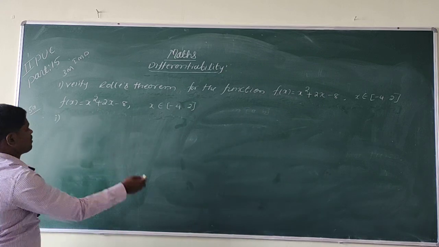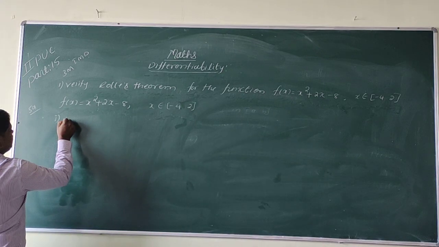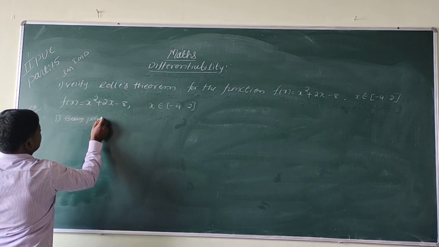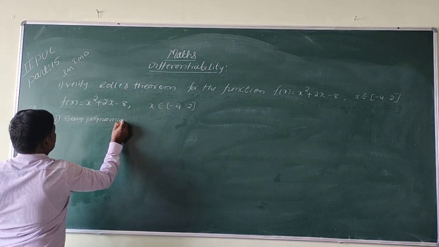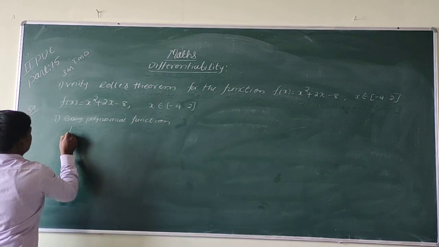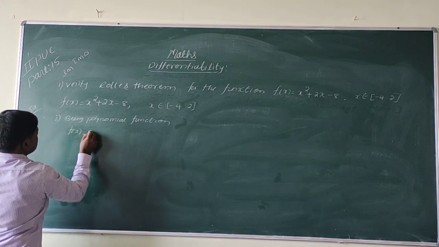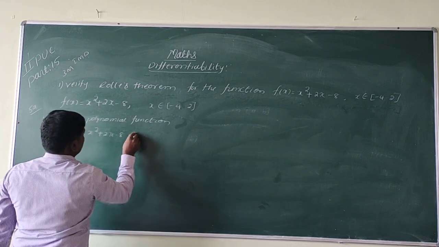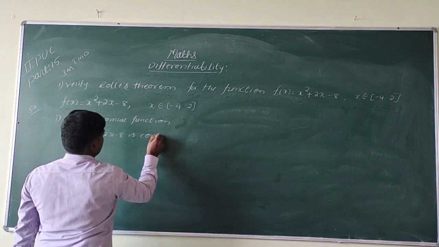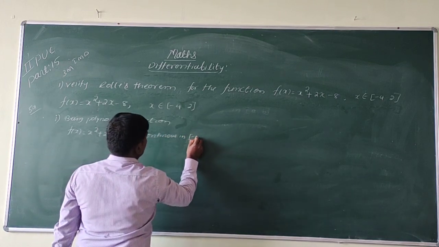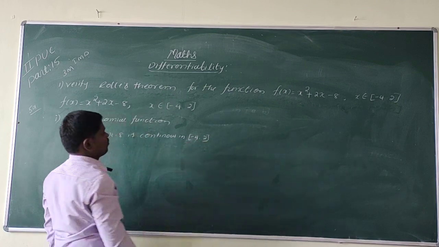Therefore, being a polynomial function, f(x) is equal to x square plus 2x minus 8 is continuous in the closed interval [-4, 2].